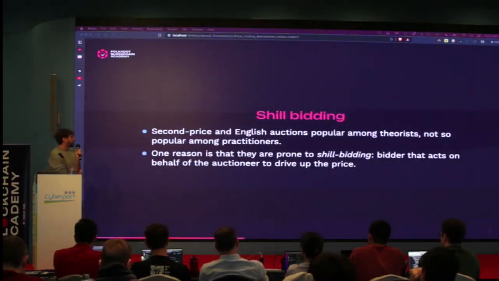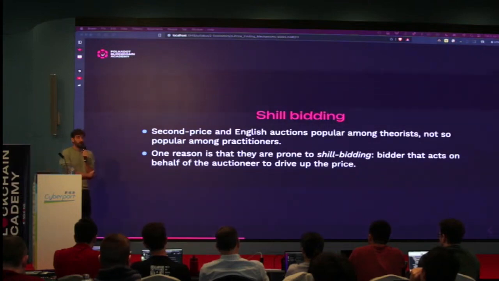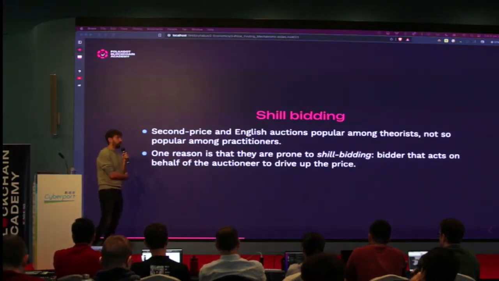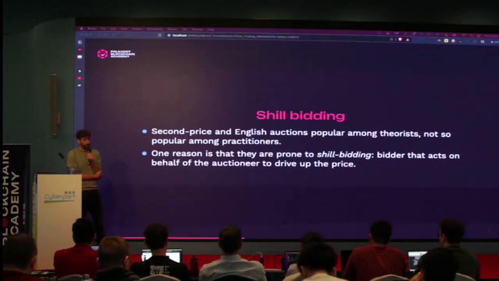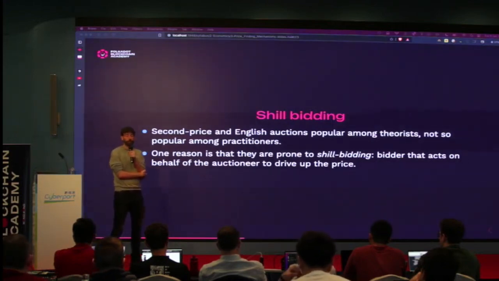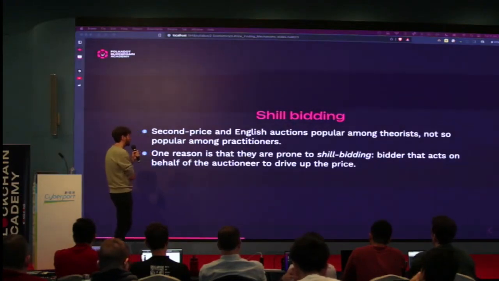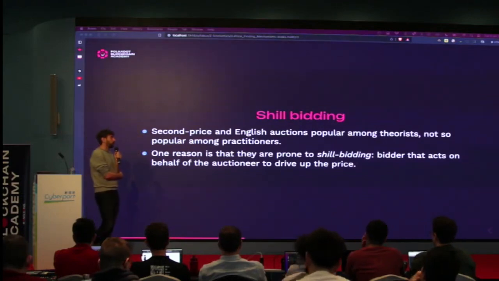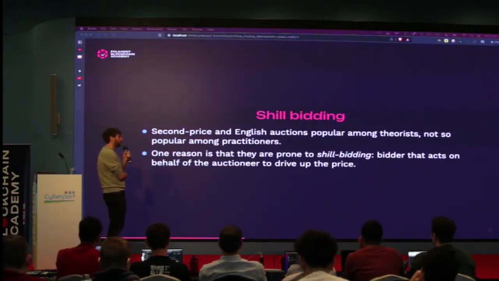So let's look at shill bidding, and there we already start a little bit into the problems that some of these auction formats can have. The second price and the English auction are very popular among theorists, right? Because you can analyze them very nicely. You get a very clear prediction of what people should do. But they are not so popular among practitioners. One reason is that both of them are very prone to shill bidding.